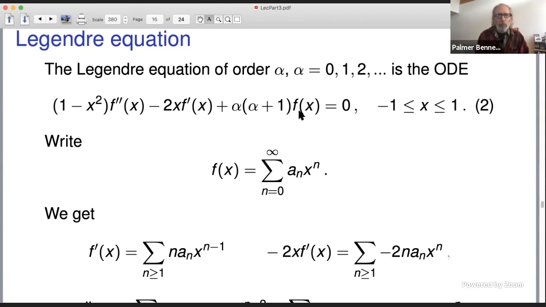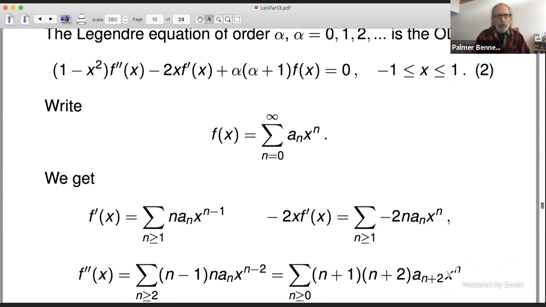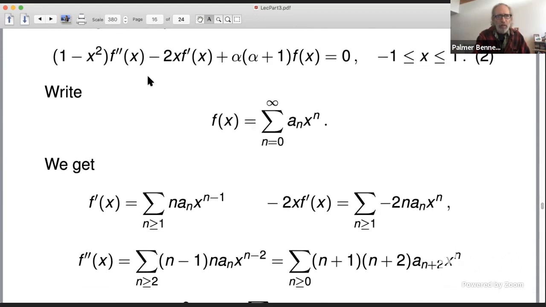We saw one example of this in a homework problem where alpha was equal to 1. So we'll just get a start on this. What you would do is compute the derivatives and compute every term in this series as a power series.